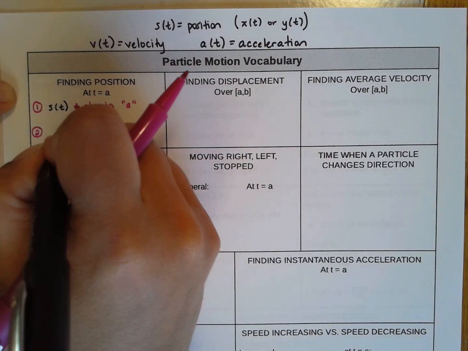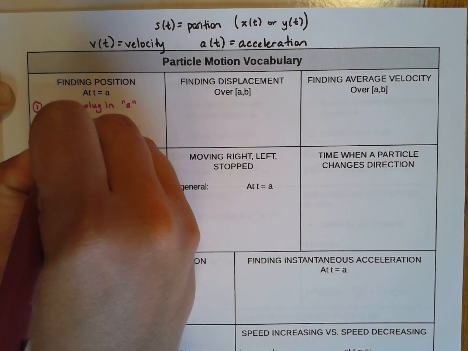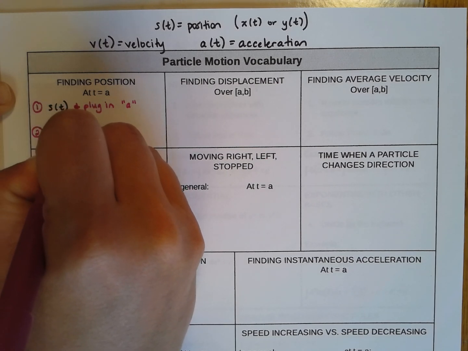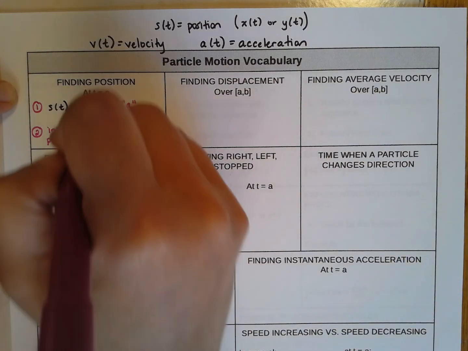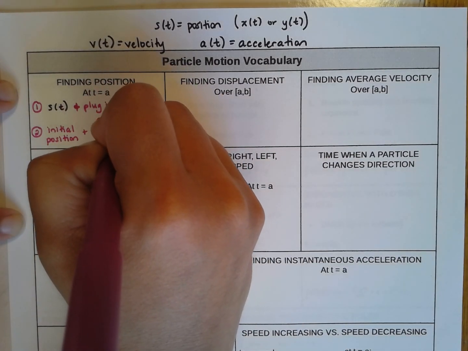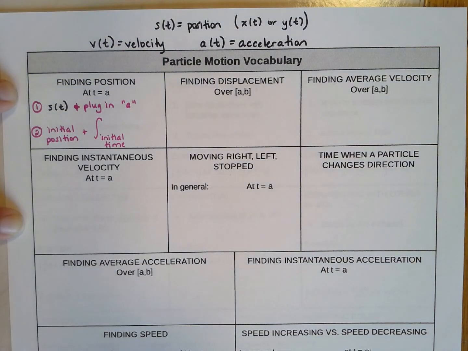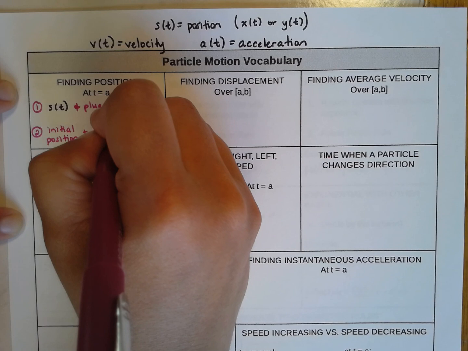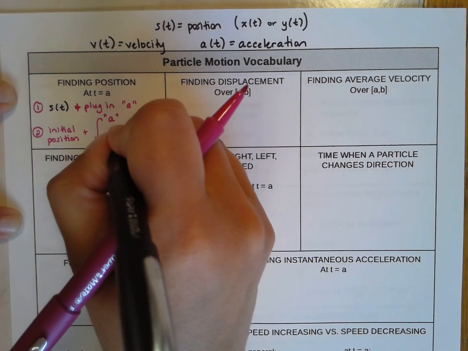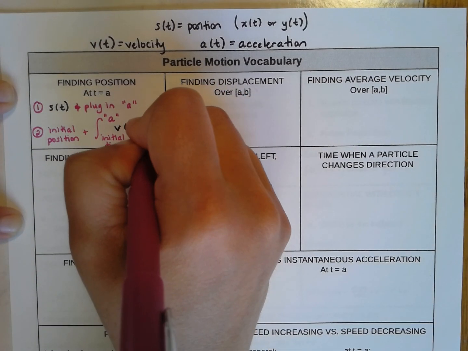So to find your position, you would do your initial position, which is usually given in the instructions somewhere, plus the integral from your initial time to your a value, whatever value you're trying to find the position at, and then use your velocity function inside of the integral.